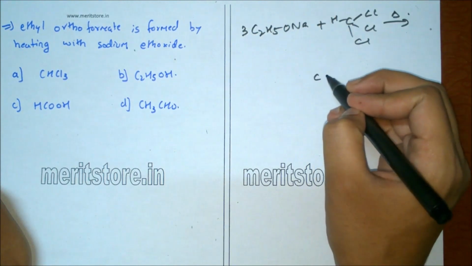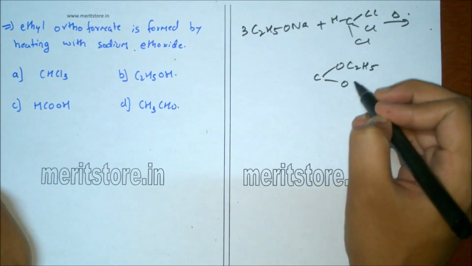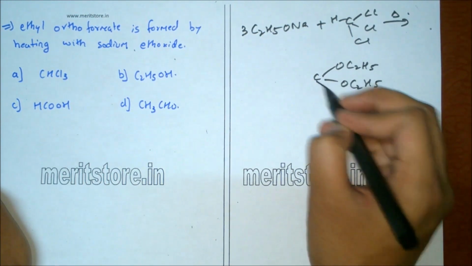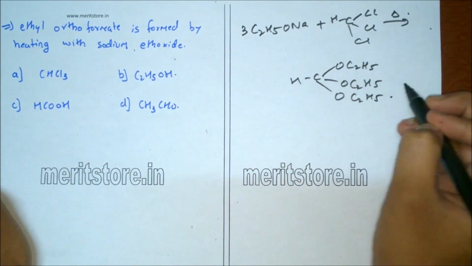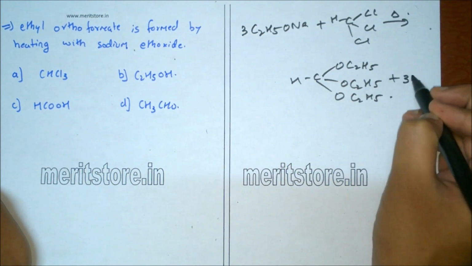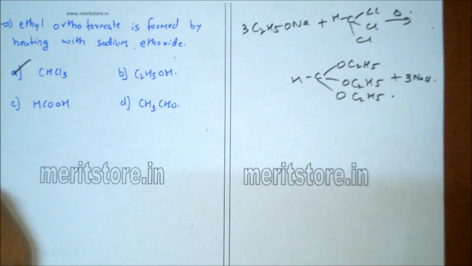The structure of ethyl orthoformate is HC(OC2H5)3, plus 3 NaCl is removed along with it. So option A is the correct answer.